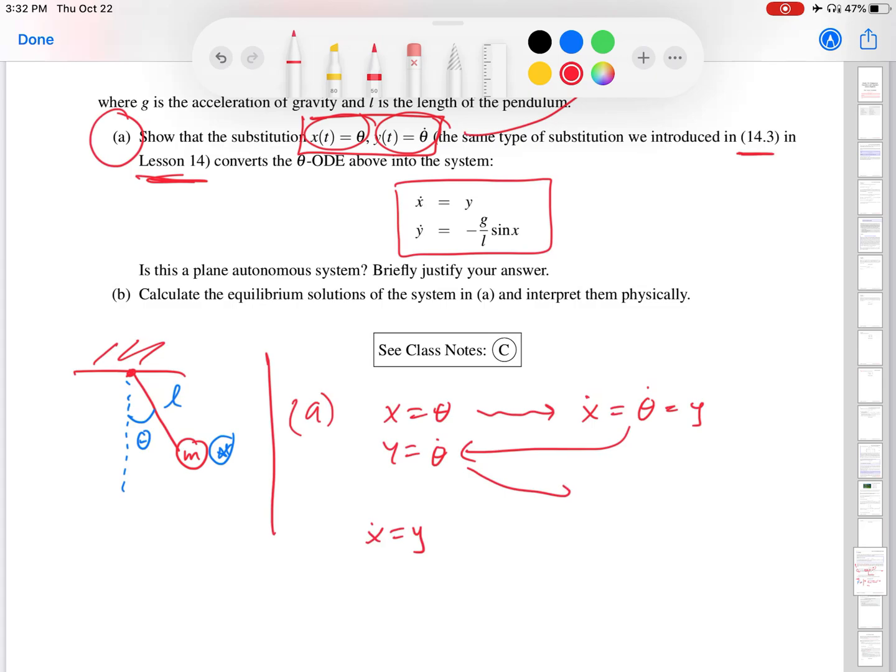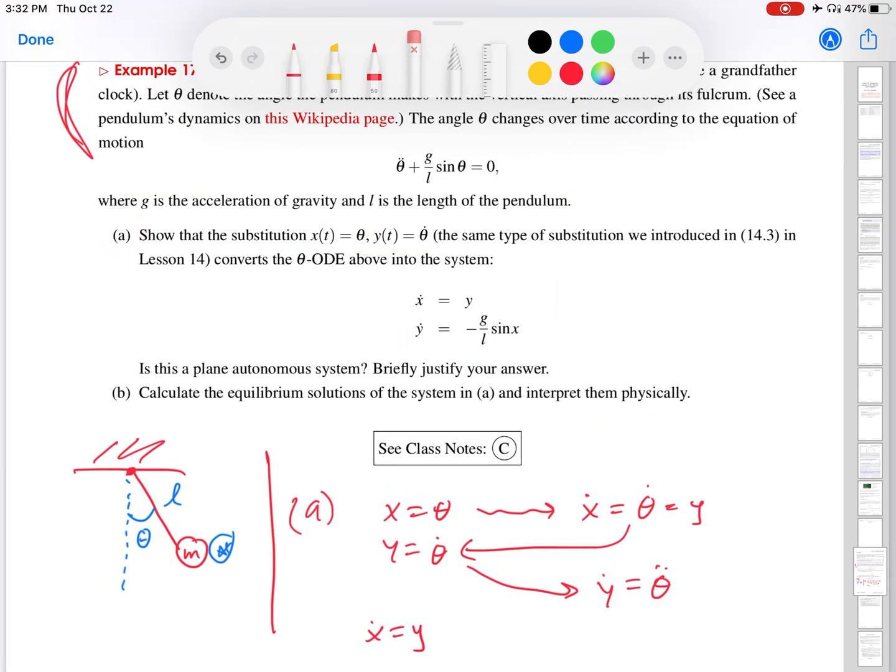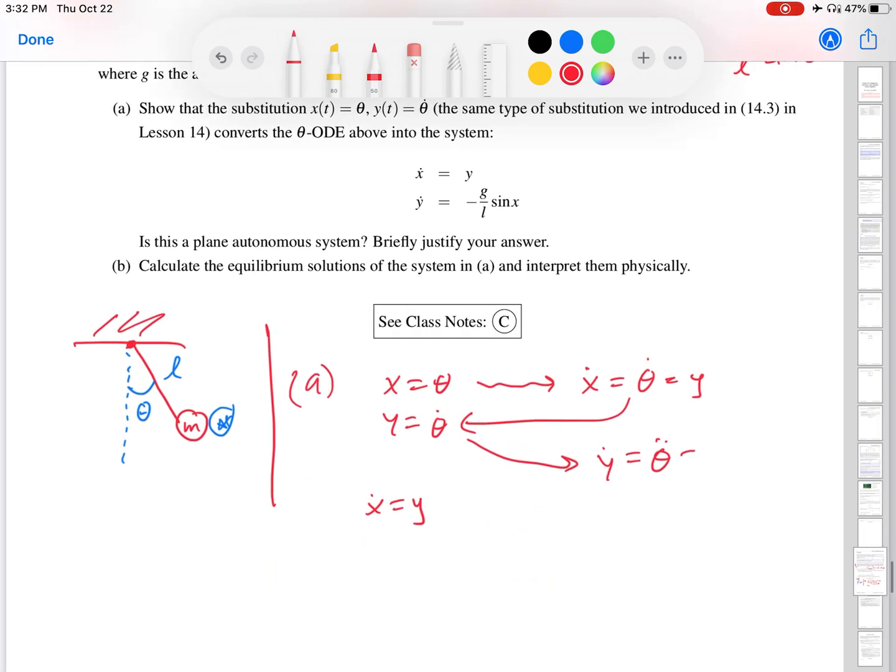And then if I go down to the second equation, I have y dot would be theta double dot. And that's where I'm going to go up to the original ODE up here, and I am going to solve for theta double dot. So theta double dot equals minus g over L sine theta. But I know that theta is x.